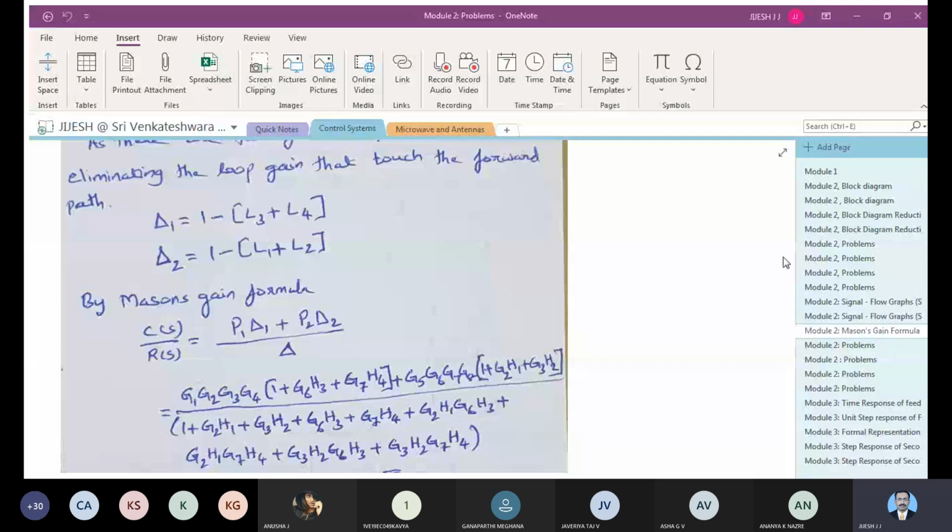And one more thing, Mason's gain formula can be asked as a theory question as well: explain Mason's gain formula for the simplification of SFG. Some students may wonder what SFG is. Signal flow graph is given the short form SFG.